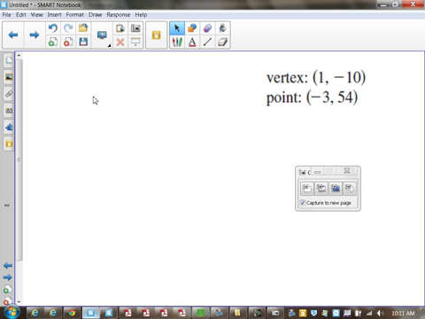If you had to write this into vertex form, given a point and the vertex, you have to remember what vertex form looks like. y equals a times (x minus h) quantity squared plus k. This gives you your h, k, x, and y. What do you have to solve for? And then just resubstitute it.